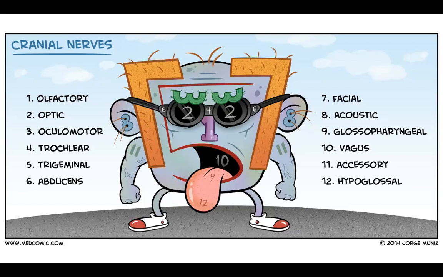We can check our extraocular movements by the cardinal positions of gaze. So remember, that's when we're doing that X pattern where the person's looking up to the right, looking up to the left, looking straight to the left, looking straight to the right, looking down to the right, looking down to the left.